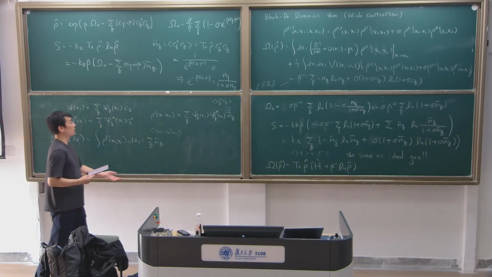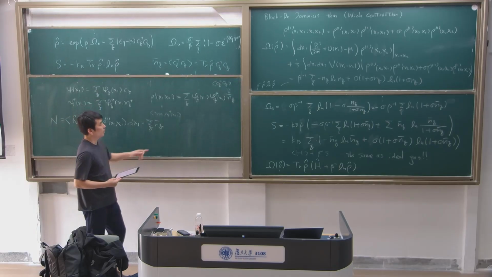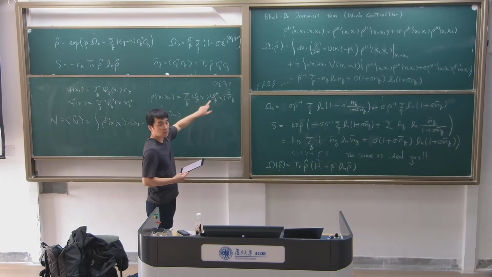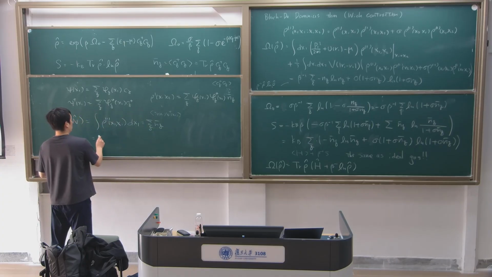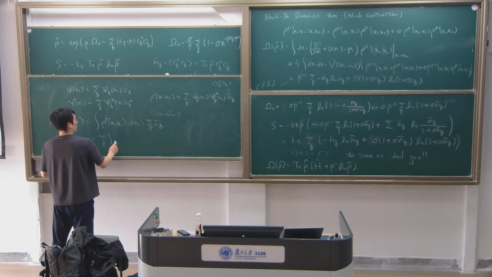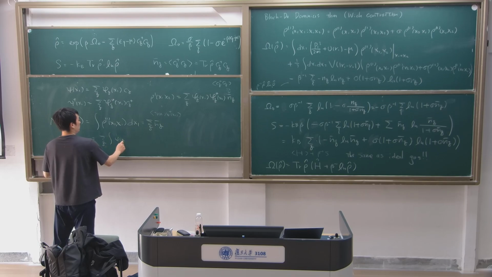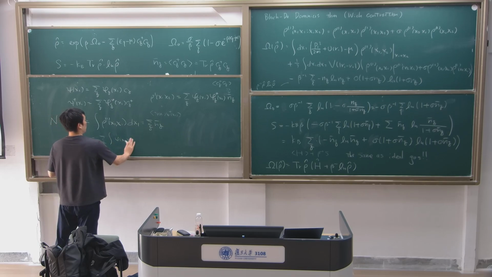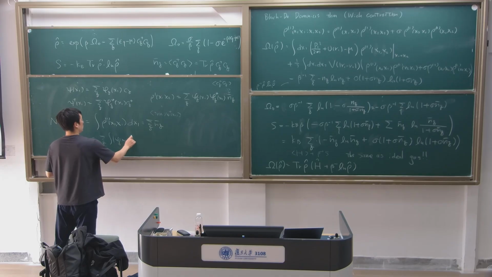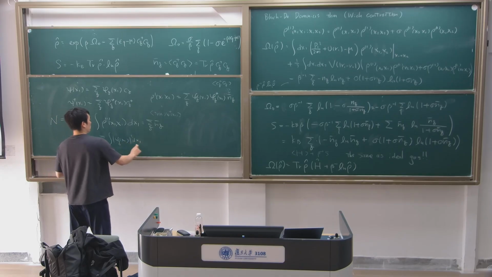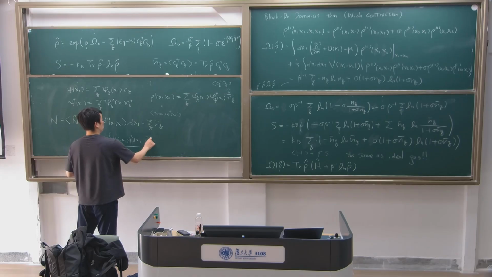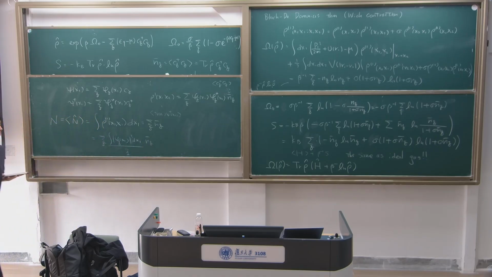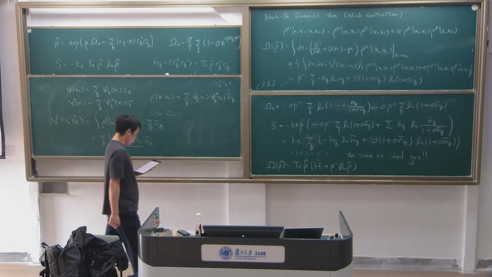So here we use the fact of the orthonormality. If you do the integration on the side of x1, we get 1/4. So this is equal to, okay.